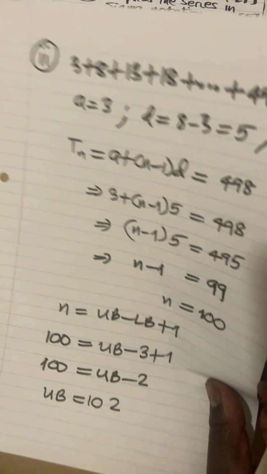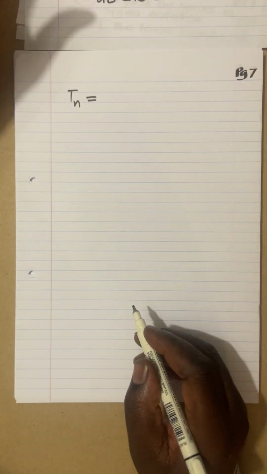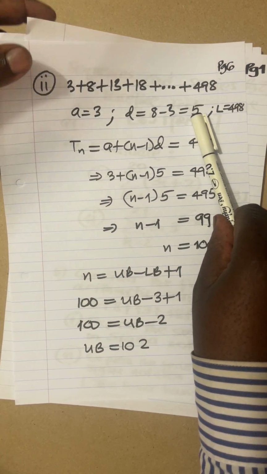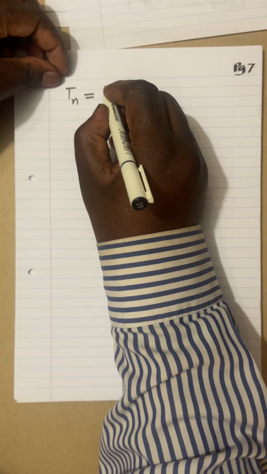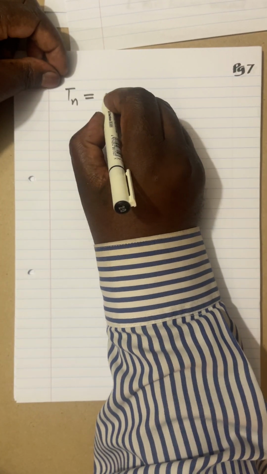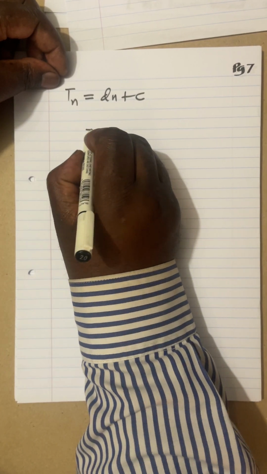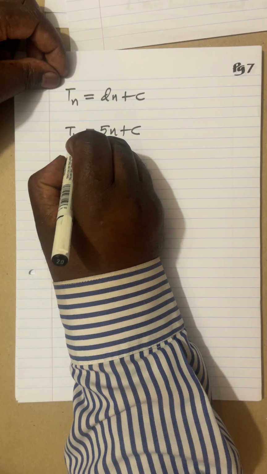We're now going to say T subscript n is going to be equal to, what is our common difference? Our common difference is 5. It doesn't matter whether upper bound or lower bound changes, our common difference remains the same. So we're going to rely on that and say the formula says dn plus our constant c. And this changes to 5n plus constant c. So that's the general term.